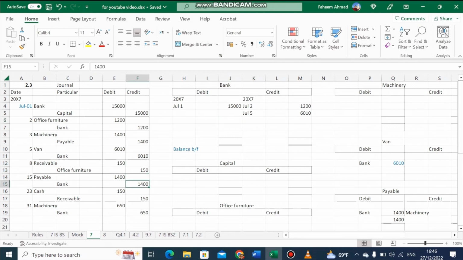Next entry for bank is on 14th. Sorry, it's on 15th. So 1400 credit, July 15th.